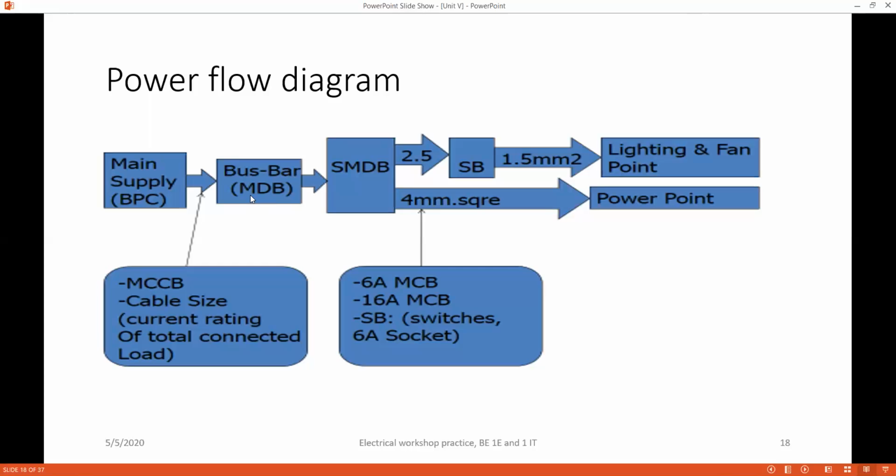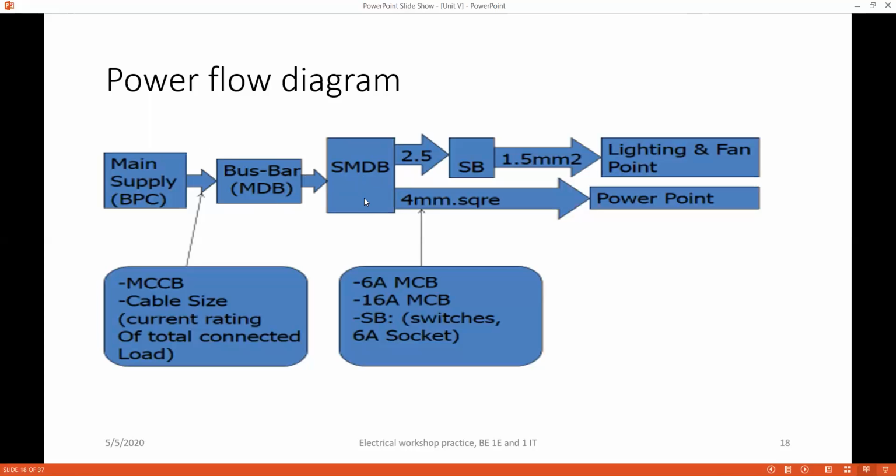Now this bus bar, we also call it the main distribution board. From the main distribution board, we are supplying it to the sub main distribution board. In a particular building, you can have one main bus bar, and then for each floor, you can have a number of SMDBs, the sub main distribution boards.